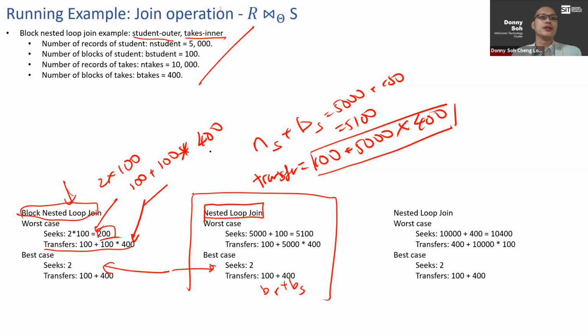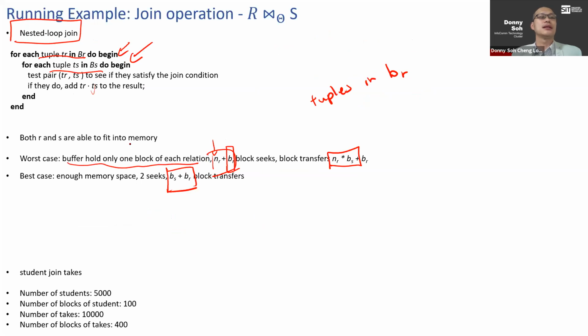Let's compare with this one. Jia Wei asked me about the number of disk accesses for the nested loop join. You can consider that to be the number of disk accesses first in my outer loop.